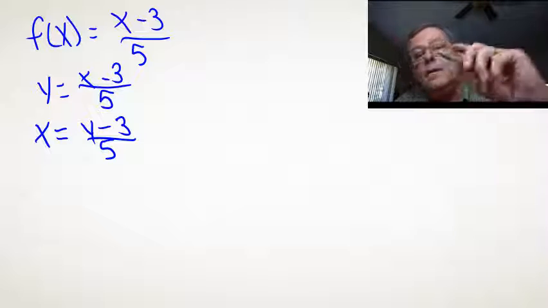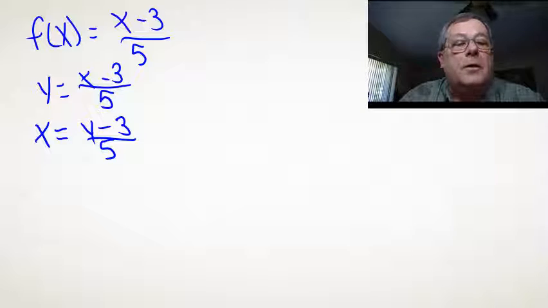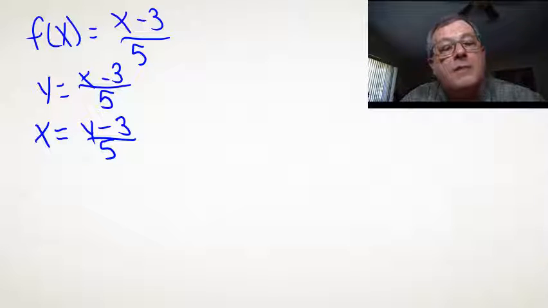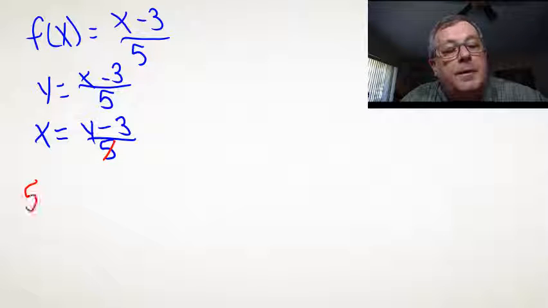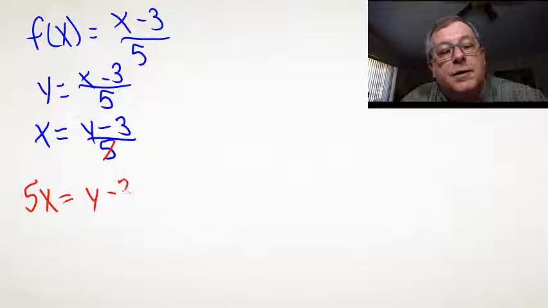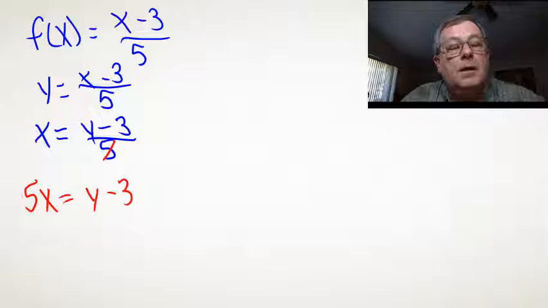Looking at this particular equation, I first want to multiply both sides by 5 because that's going to allow me to clear out that denominator. It's going to leave me with 5x equals y minus 3. And I'm going to continue to isolate the y. I'm going to add 3 to both sides.